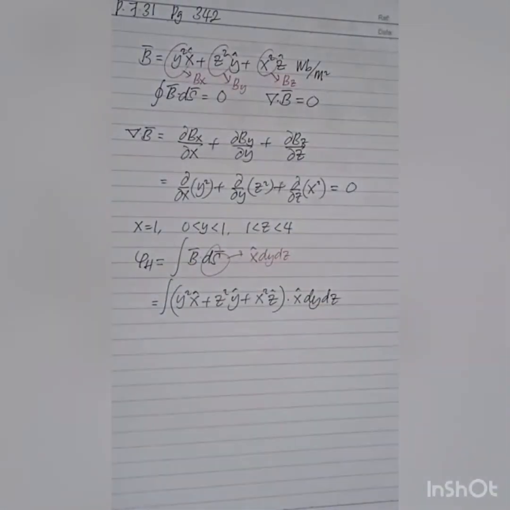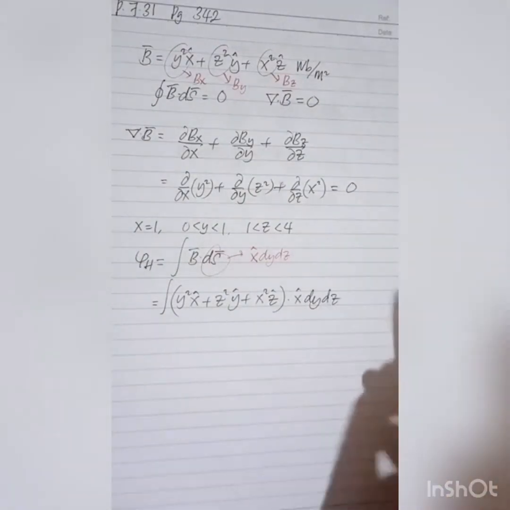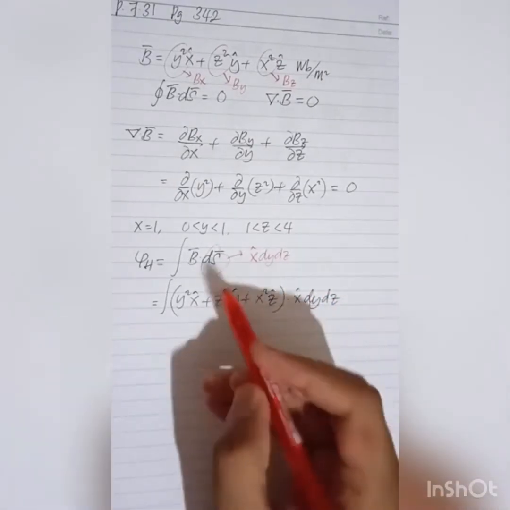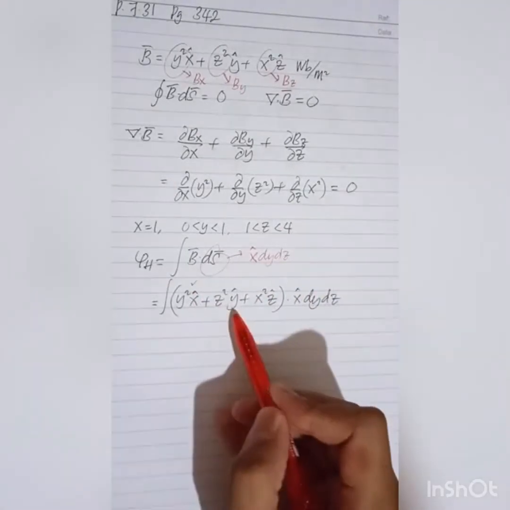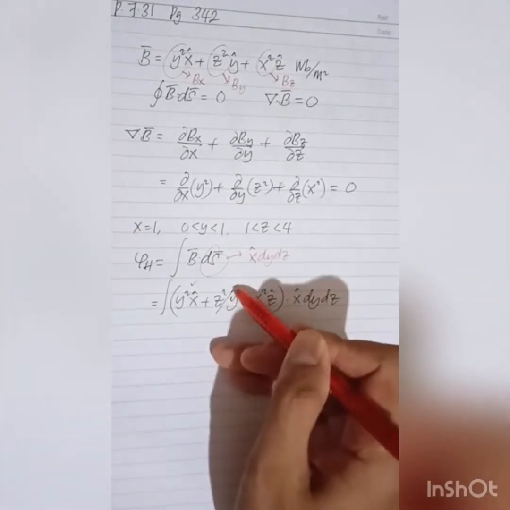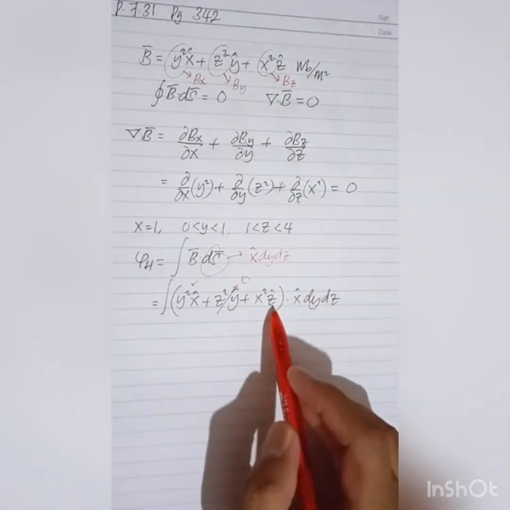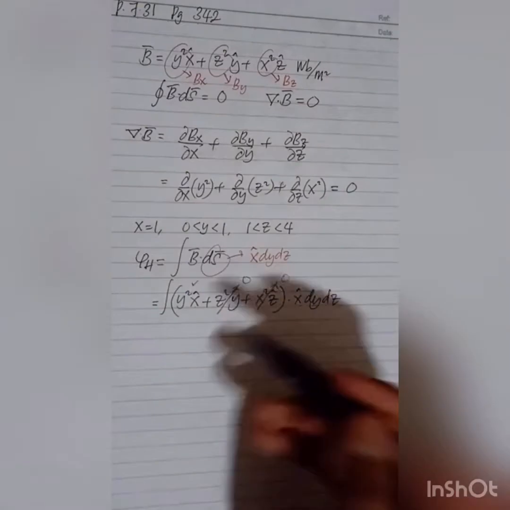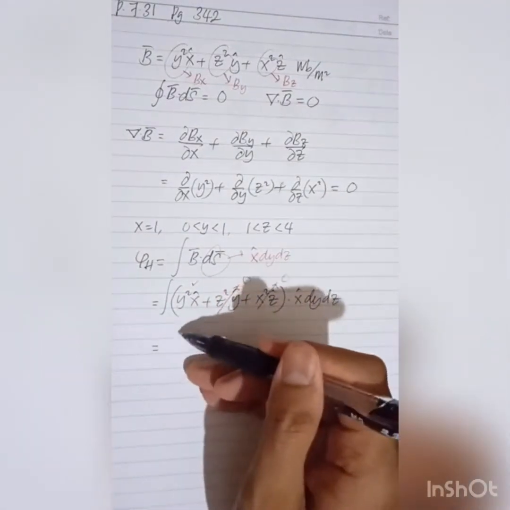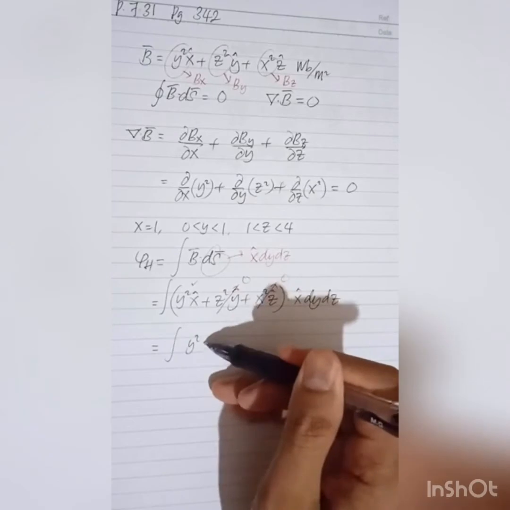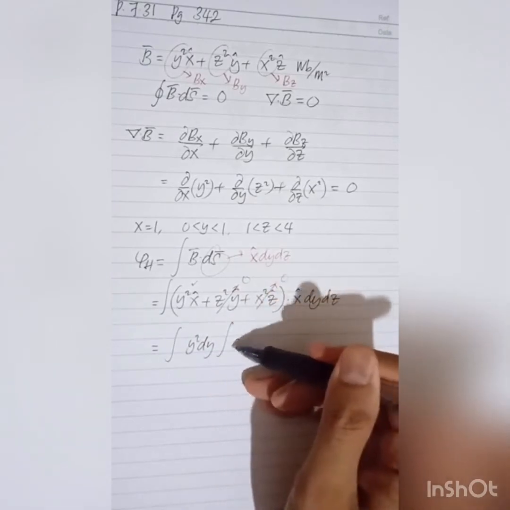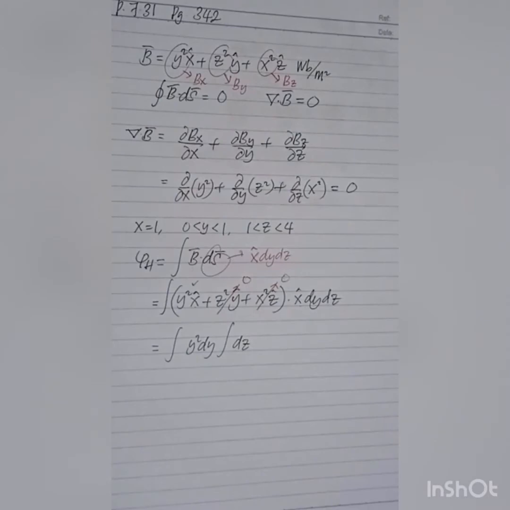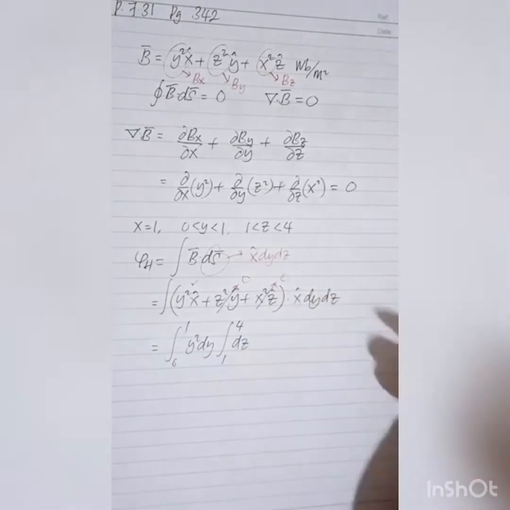Okay guys, so let's do the dot product between all these components and the x direction. The x dot x, yes, we have a value, leave it there. Y dot x gives 0, and z dot x also gives 0. So let's substitute all the limits as well. For y, we have y squared dy, and here we have dz, with y from 0 to 1 and z from 1 to 4.